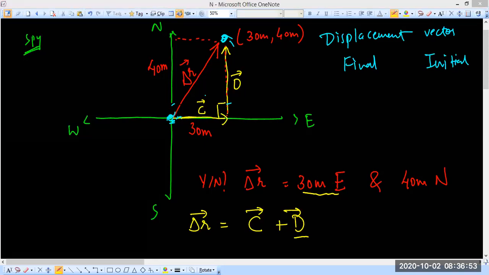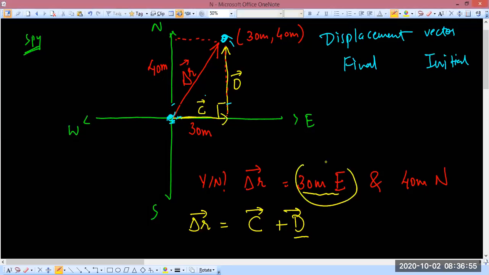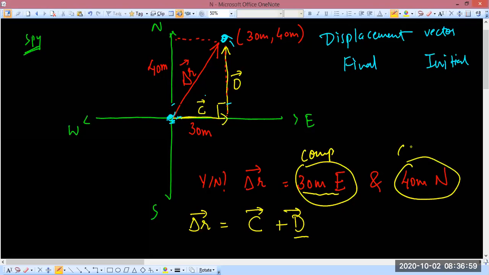Do you understand that this is one component, and this is one more component? Again, component means parts. Now the thing is, every time we don't like to specify east, west, north, south.